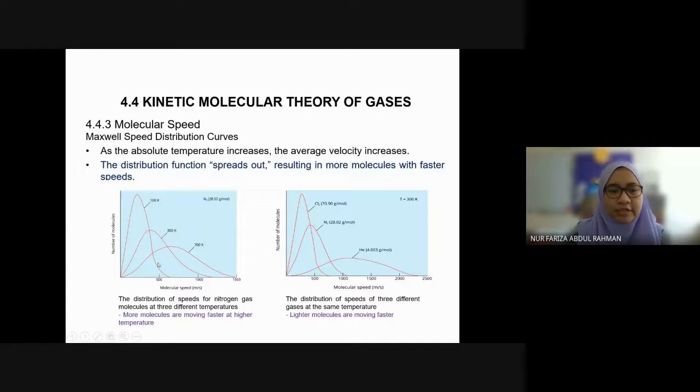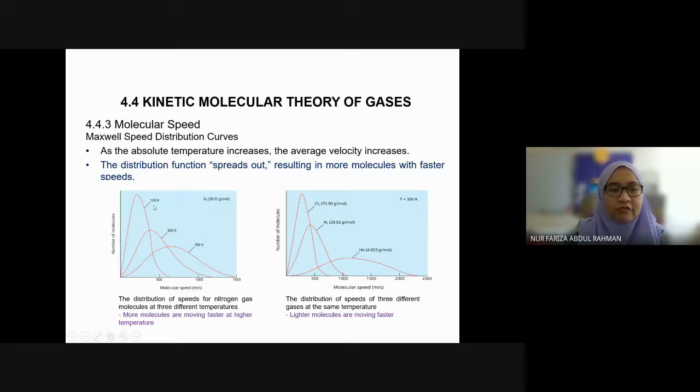So as you can see, as the temperature increases from 100K to 700K, the molecular speed also increases. The molecular speed of the molecule also increases. So nampak dia punya graph tu, the curve is spreading out to the right ataupun to the higher molecular speed for 700K.